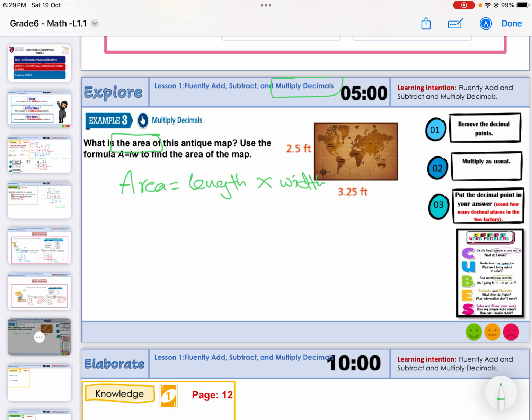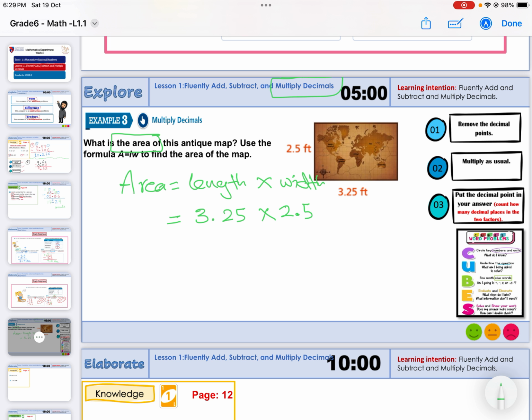Okay, guys? So if you see a question that says find the area, all you have to do is multiply the length and the width. So as you can see here, what's the length? That will be 3.25 times 2.5.